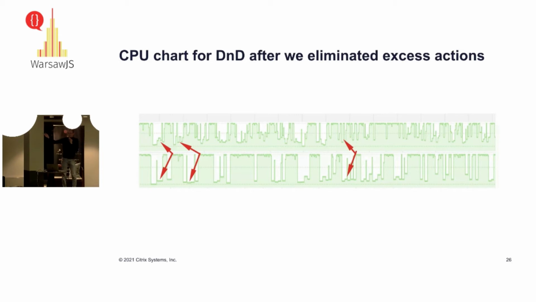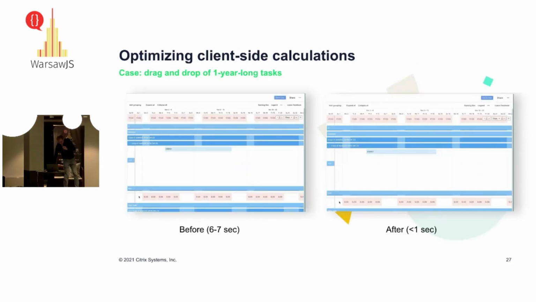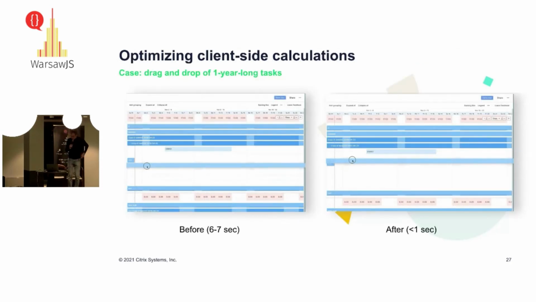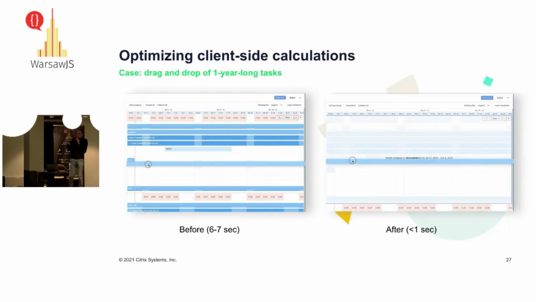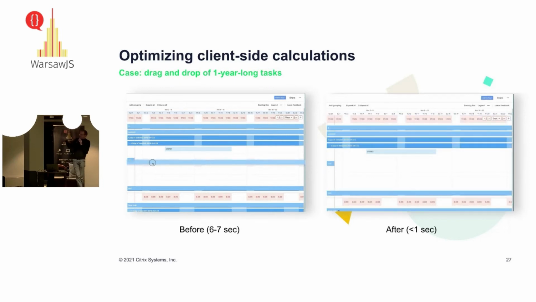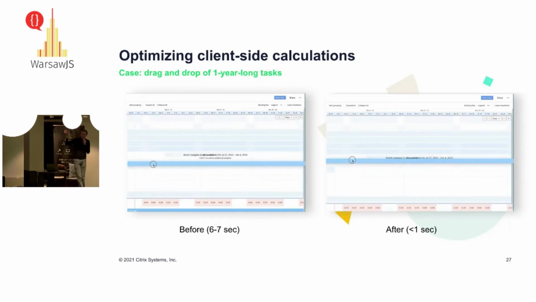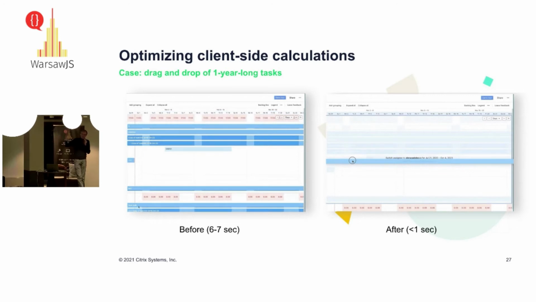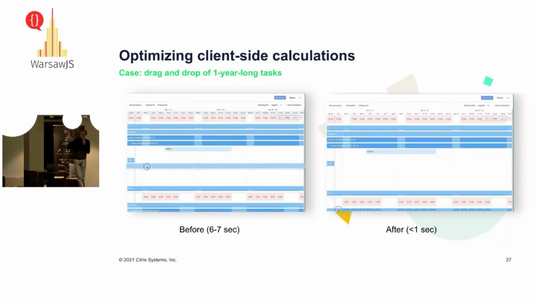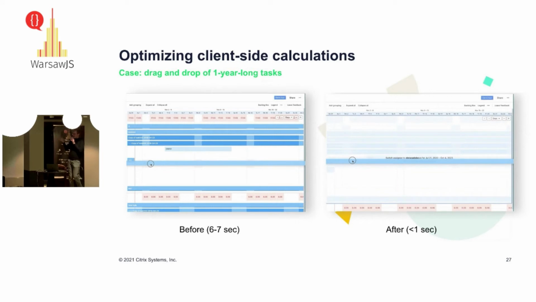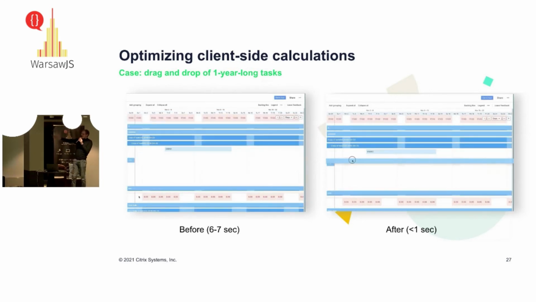We eliminated some unnecessary recalculations. For example, it was pretty nice to see it for year-long tasks. In the real world, most likely customers don't have a one year-long task, it almost doesn't make any sense. But in a testing environment, you see 1 second versus 7 seconds.